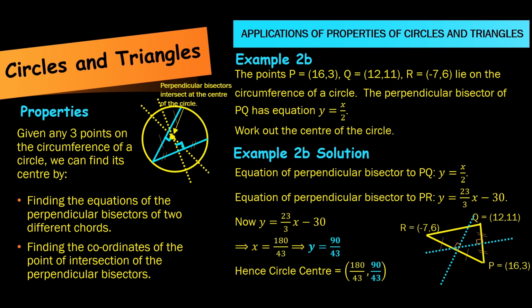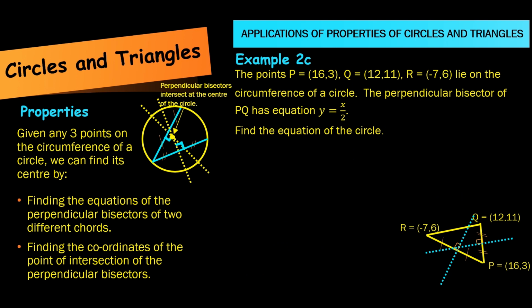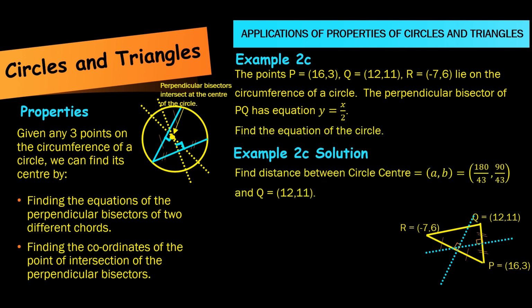Finally, we're required to find the equation of the circle. Let's find the distance between the circle centre, which is equal to 180 over 43, 90 over 43, and Q, which is equal to 12, 11, which is a point on the circle.